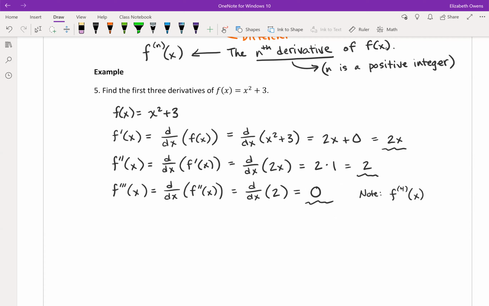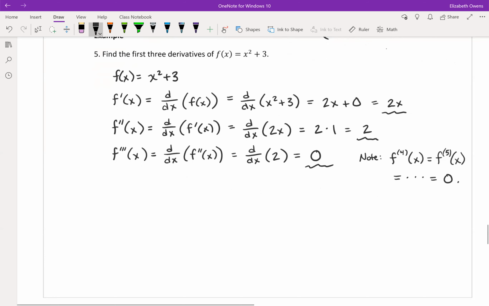Derivative of 0, well, that's still just the derivative of a constant, so it's still 0. So the fourth derivative would be the same as the fifth derivative and the sixth and everything else after that point. All the derivatives after this would equal 0.